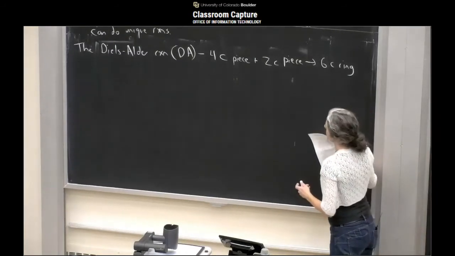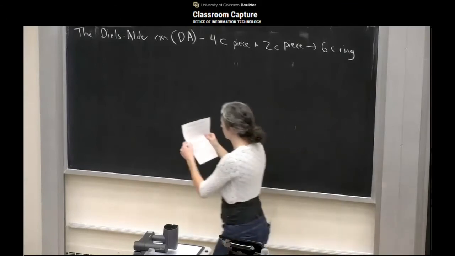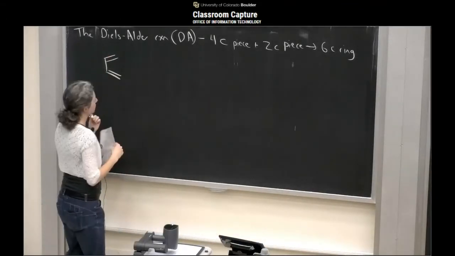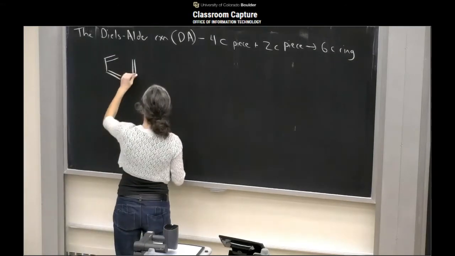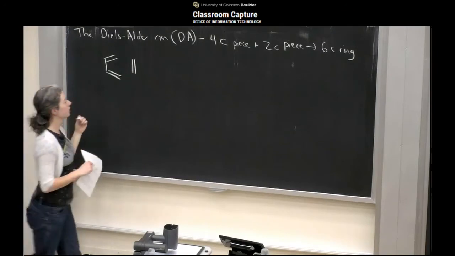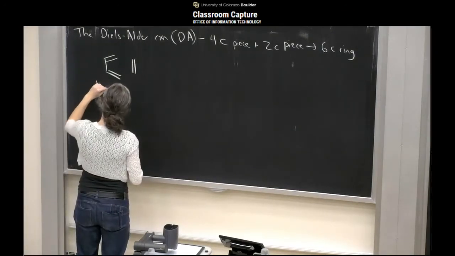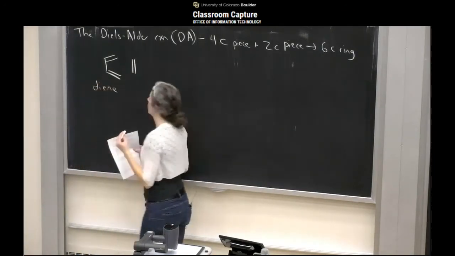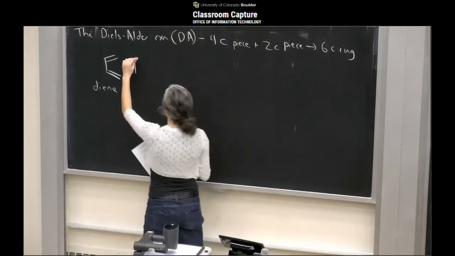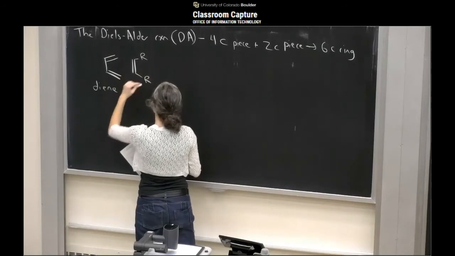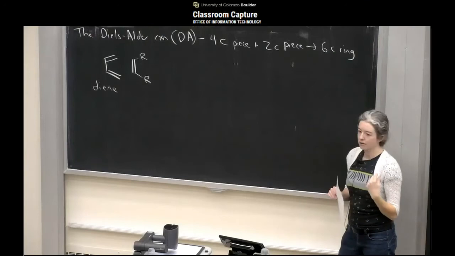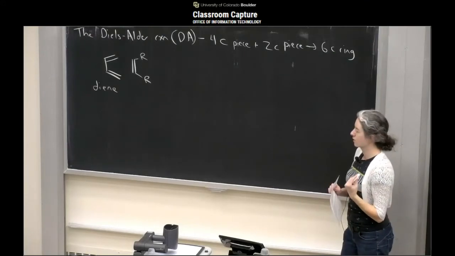Okay, so how this looks is we're going to have these 2 bits. So one half is called the diene, and the other half, I'm going to leave this kind of vague for now, because it turns out having the right R groups on there is crucial to get this to actually work reasonably.